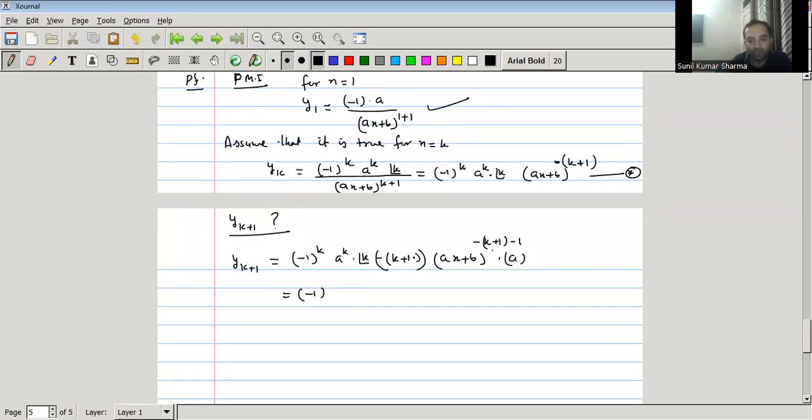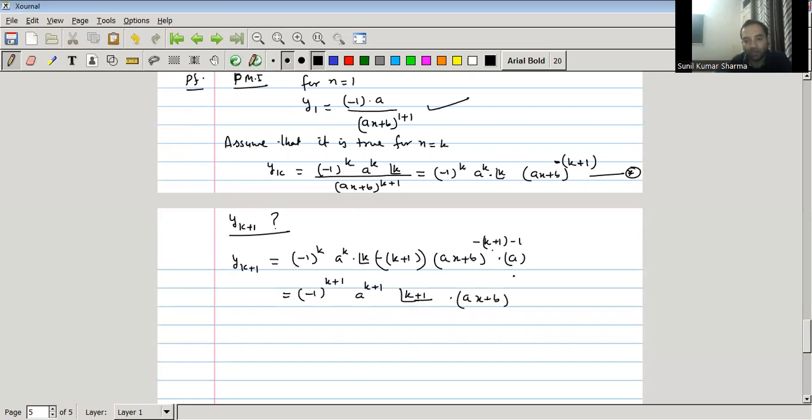So we can write this as, you take minus common here. We can write this as minus 1 to the power k plus 1, a into a to the power k, you get a to the power k plus 1, k factorial into k plus 1, this is k plus 1 factorial, into ax plus b to the power.